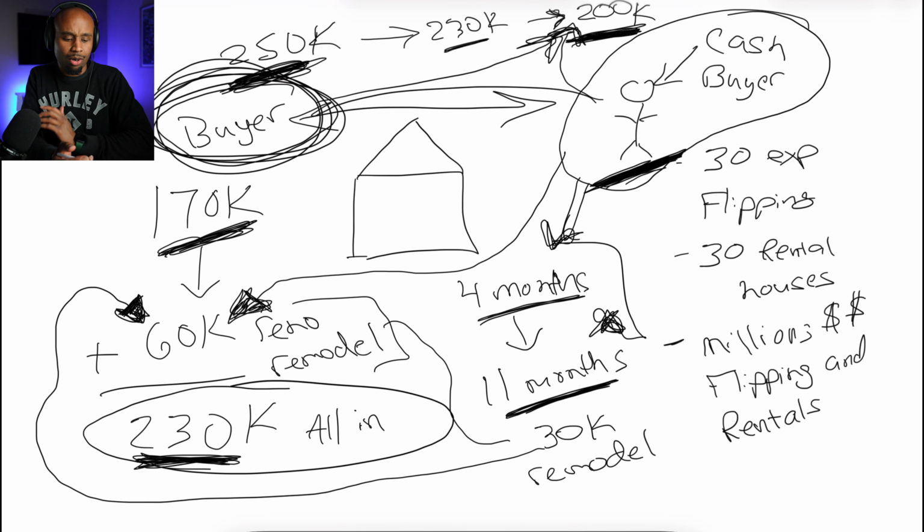The house is probably worth like 250. Maybe it wasn't worth 250, but my cash buyer thought it was worth 250. That's what he thought. He thought it was worth 250, and according to the comparables in the neighborhood, it was worth 250. But it wasn't. It probably was worth 200,000.